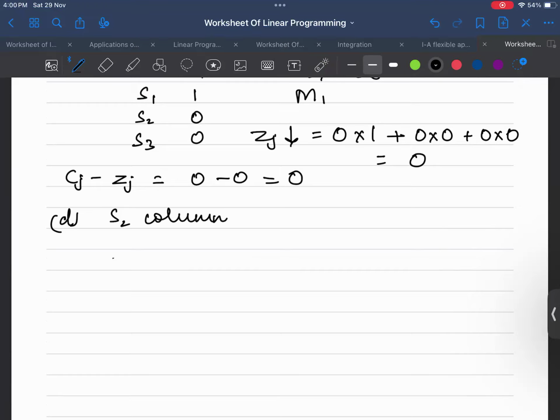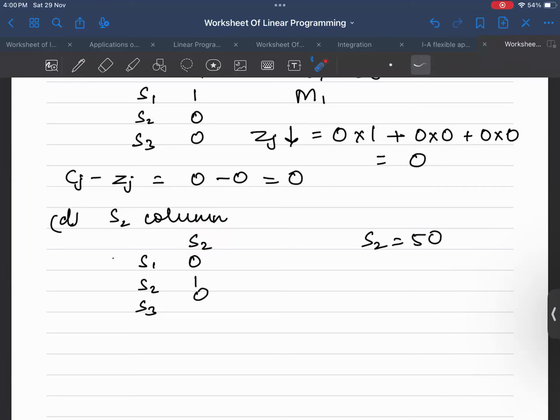The same thing I can explain with the S2 column. How is the S2 column written? Across S1, S2, S3, it would be 0, 1, 0. Again, S2 is already present in the solution, and we know the value of S2 is 50. This shows that the whole of the time on machine 2, because S2 is related to M2, is available with us.